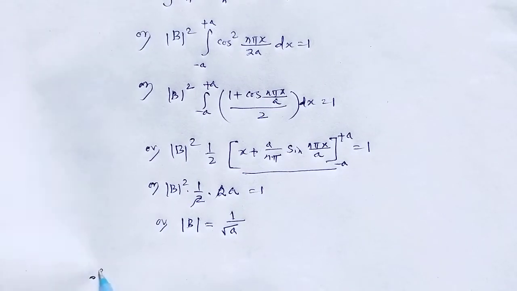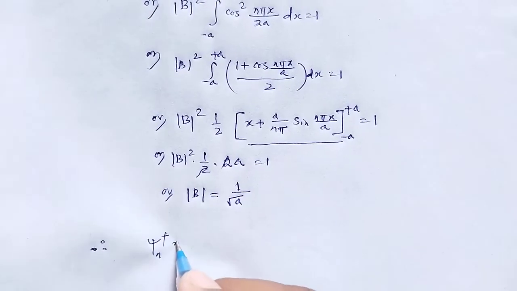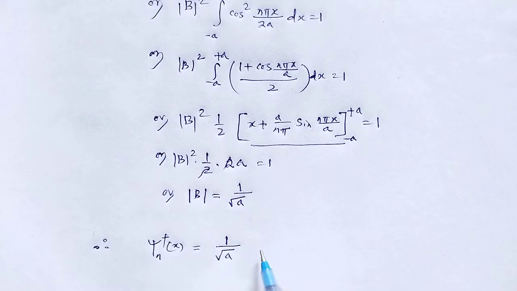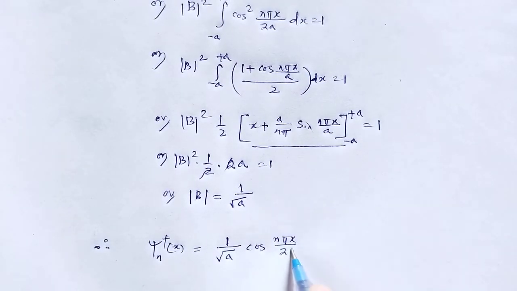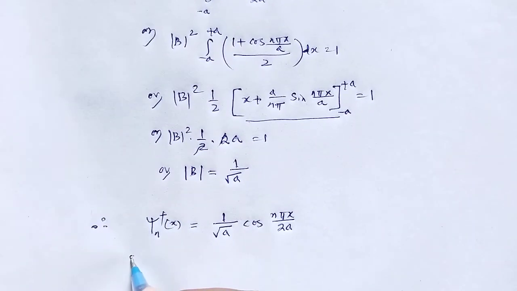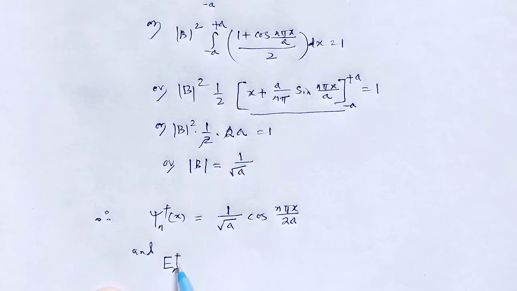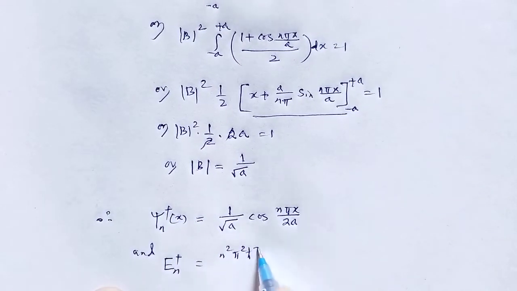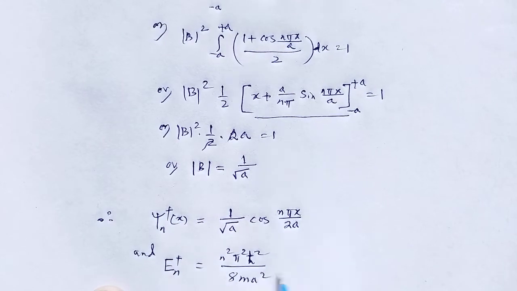Therefore the wave function and its energy state: psi n plus x is given as 1 by root a, the constant, cos n pi x by 2a, and the energy state E n plus is n square pi square h cross square divided by 8m a square.